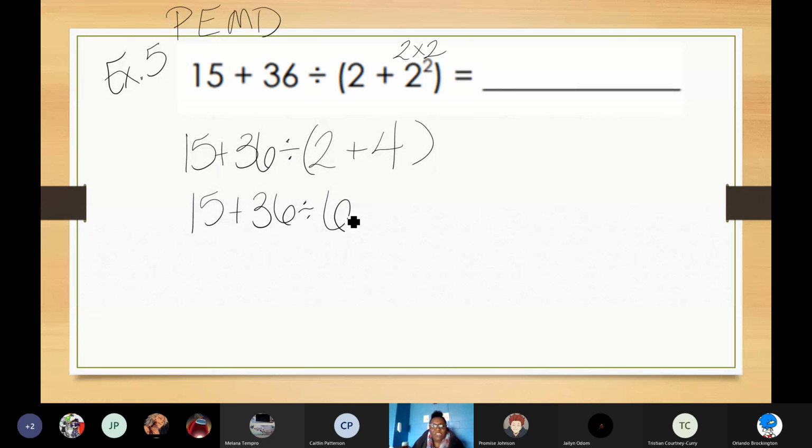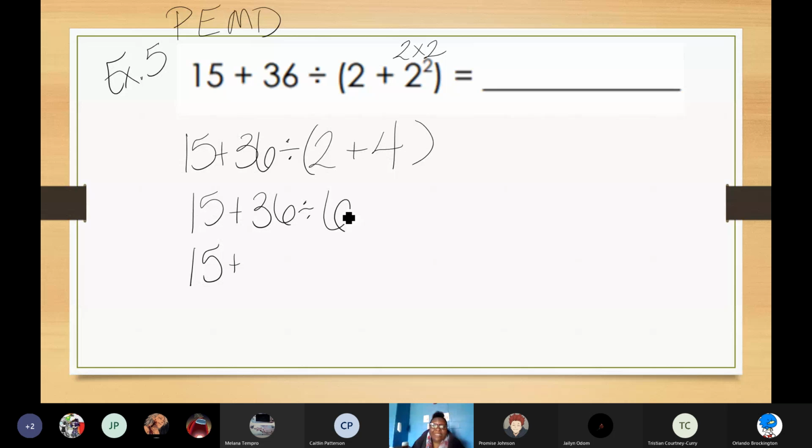We don't have any multiplication to do here, so we're going to divide. We're still not touching that 15. It's still staying there. And now we have to find out 36 divided by 6 equals what? 6. Very good, 6.